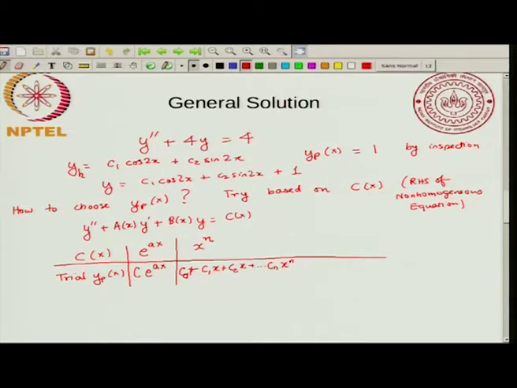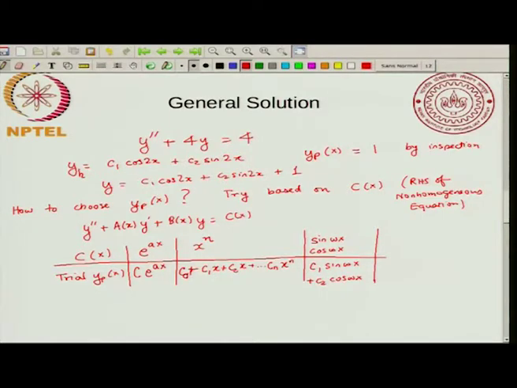If my c of x is just a power of x, I try with these constants, substitute in the equation, and find out what the values of these constants should be. Similarly, if you have sine omega x or cosine omega x, in either case you take your trial function as C1 sine omega x plus C2 cosine omega x, and then you substitute in the differential equation and find out the values of C1 and C2.